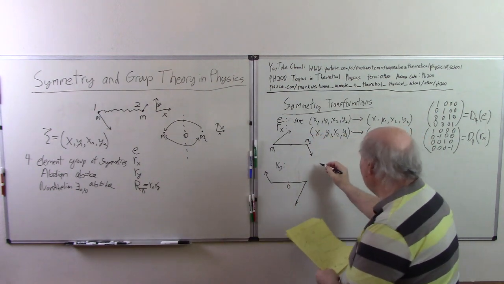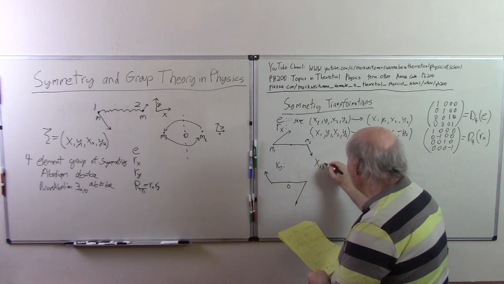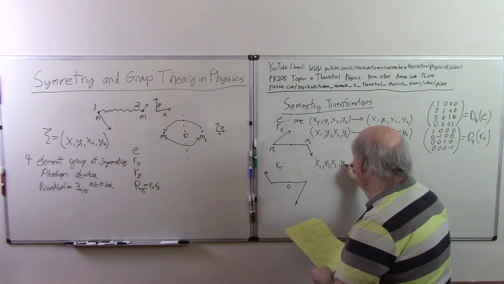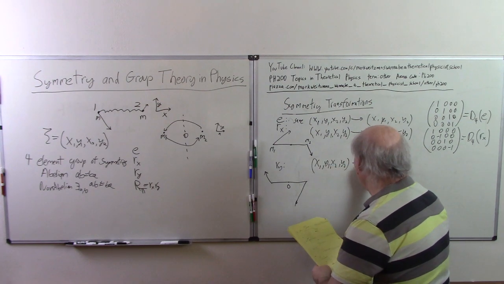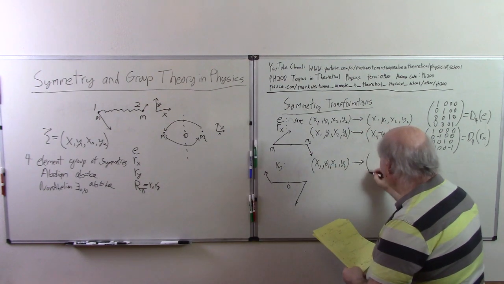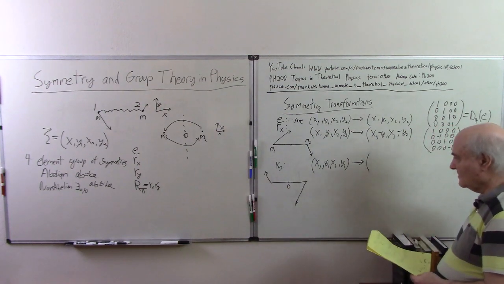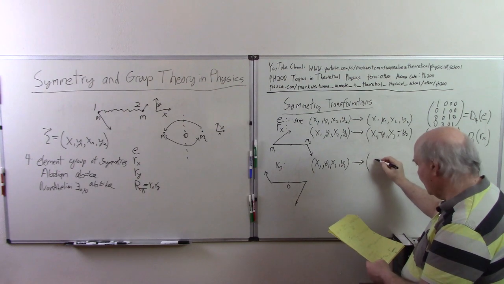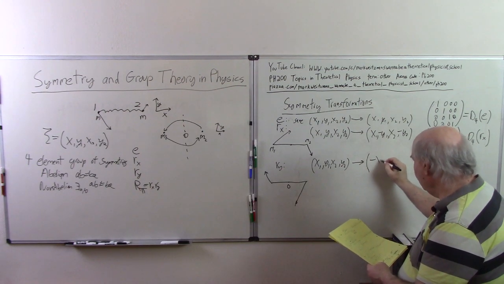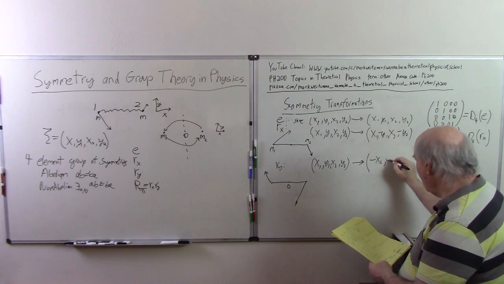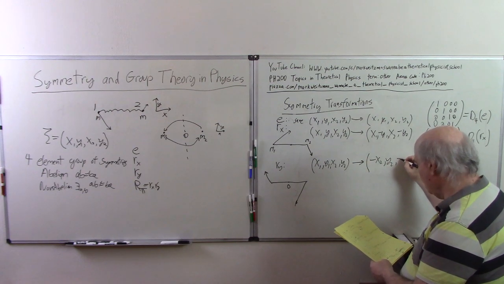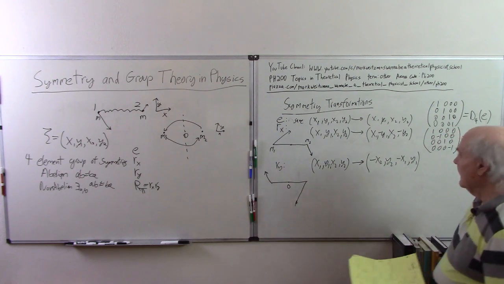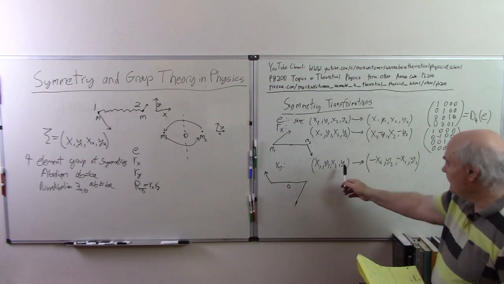So under this transformation, x1, y1, x2, y2 goes to minus x2, y2, minus x1, y1.